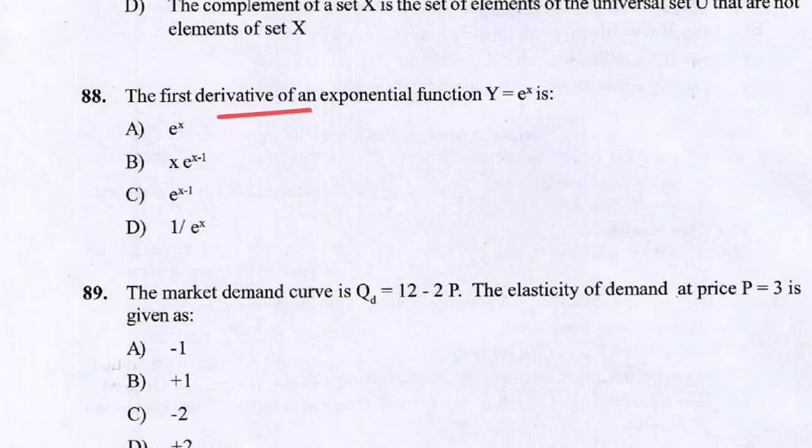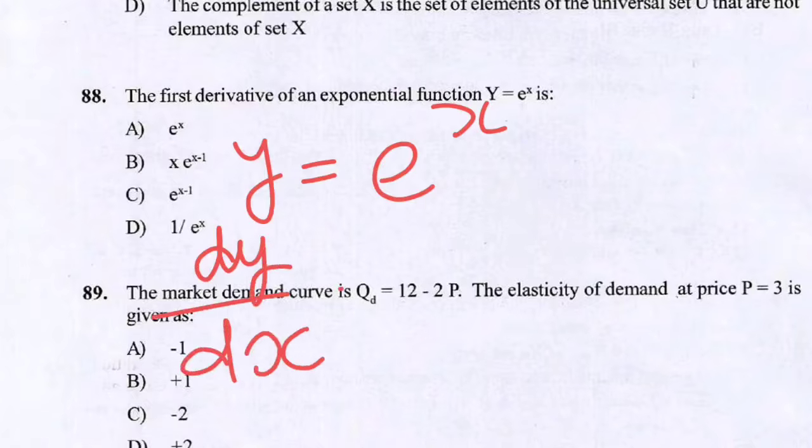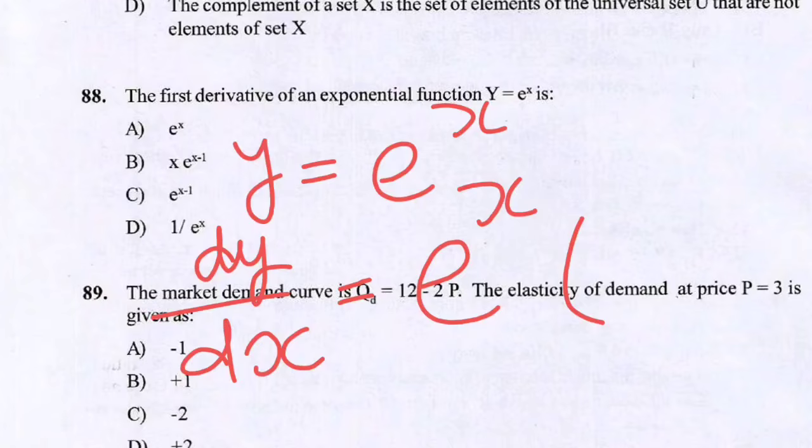The first derivative of an exponential function y is equal to e raised to the power x. Let me write it here, y is equal to e raised to the power x. The first derivative dy upon dx of the exponential function will be e raised to the power x times the derivative of the exponent. The derivative of the exponent is 1 here, so we are left with e raised to the power x.